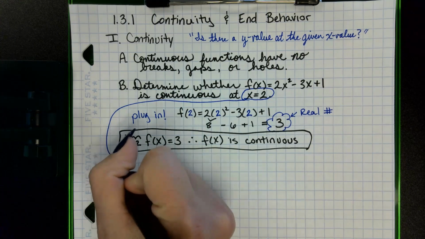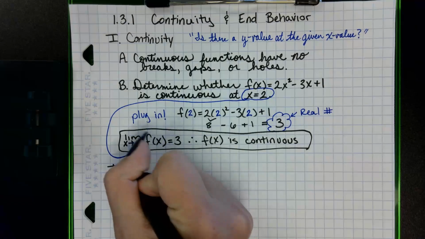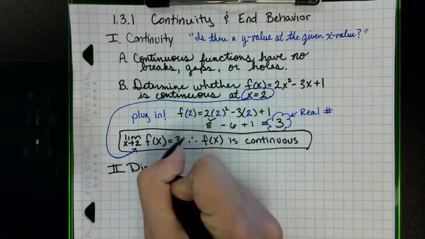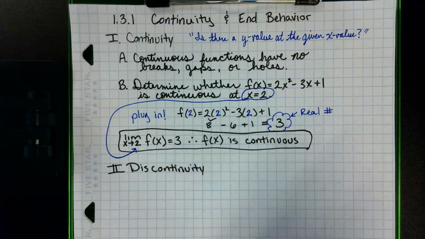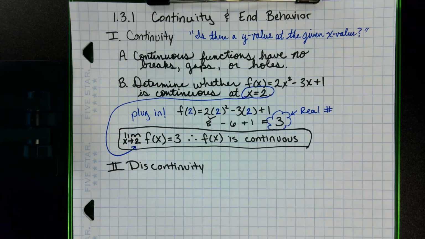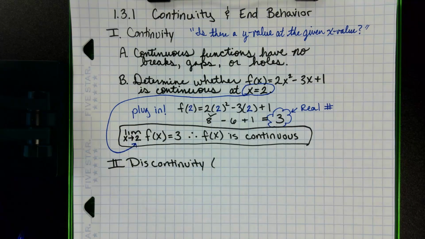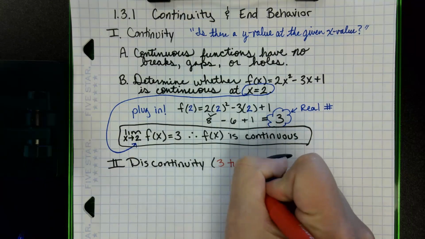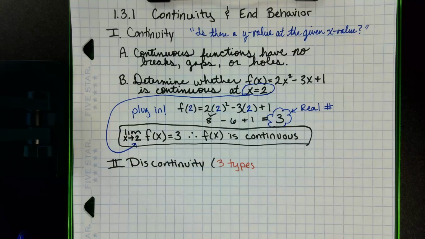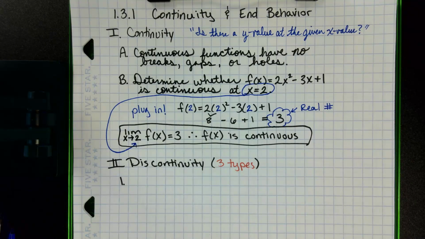Then we have discontinuity. So now we're going to talk about discontinuity. And we have 3 types. Three types of discontinuity. The first type is an infinite discontinuity.